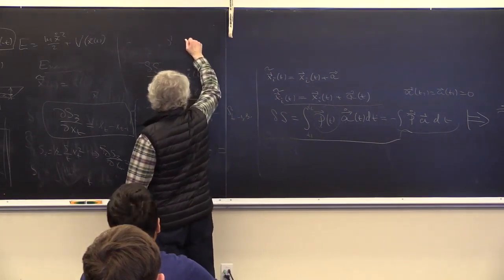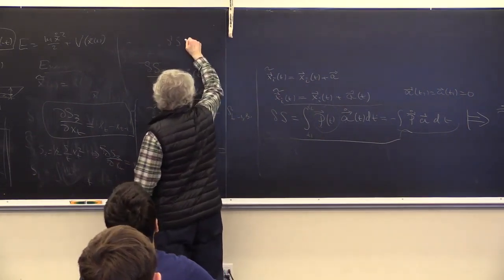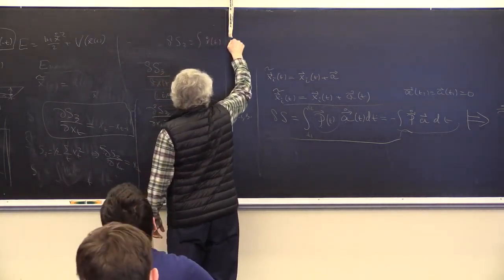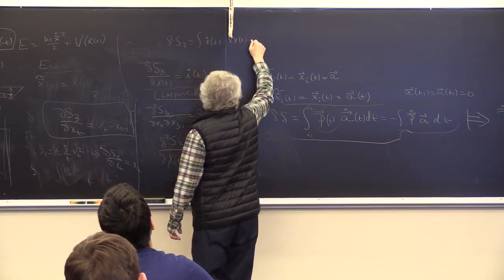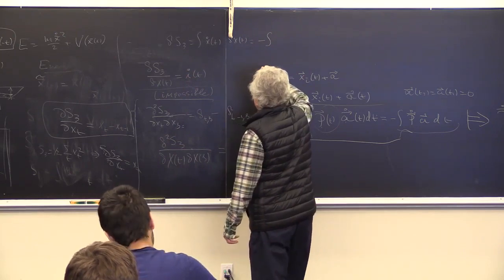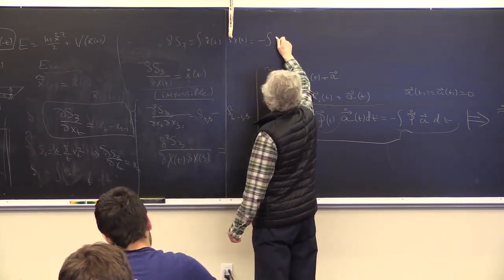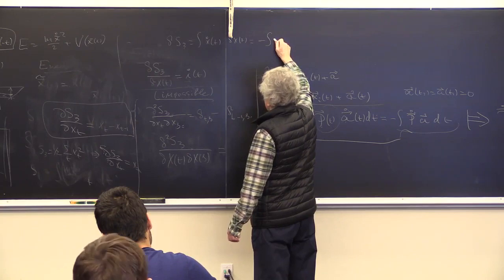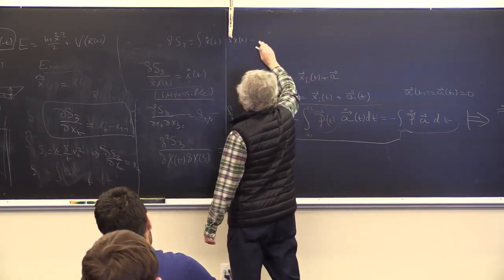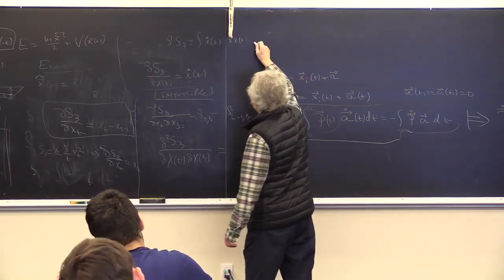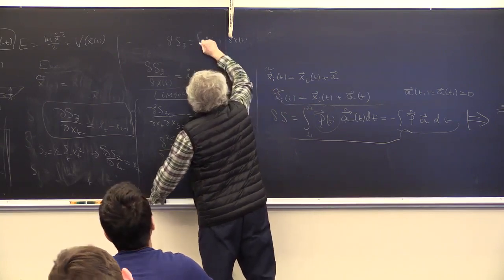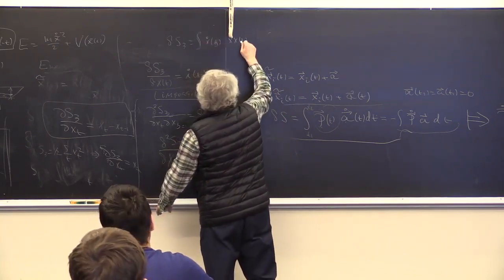This equation means that delta S is x dot of t, delta x of t, and we can rewrite it with a minus.